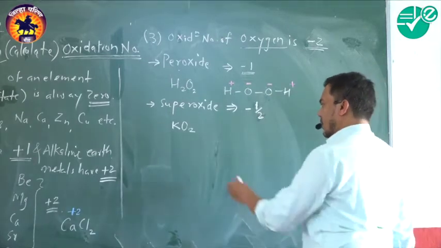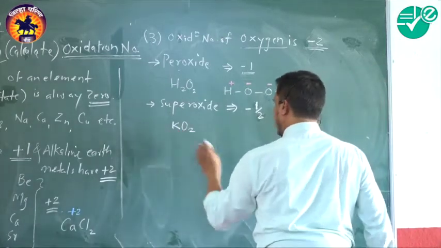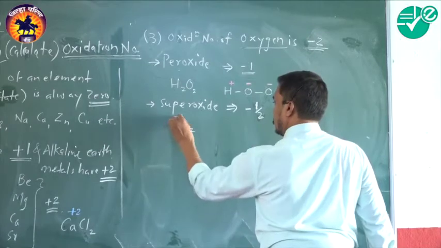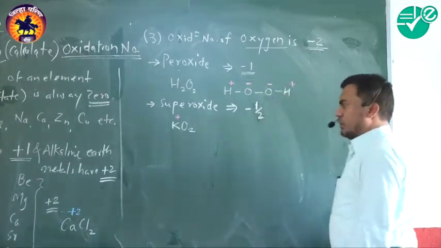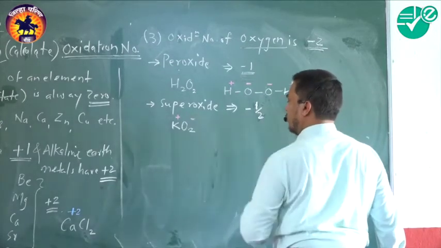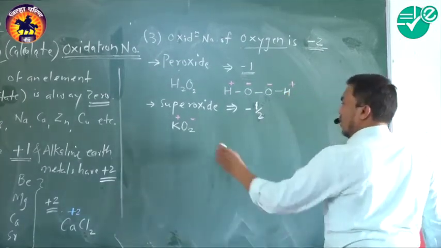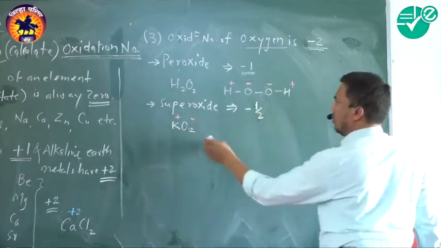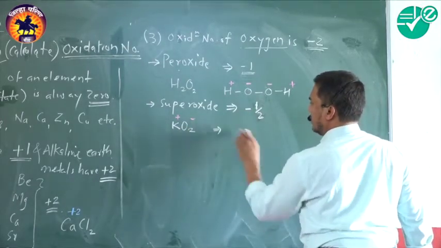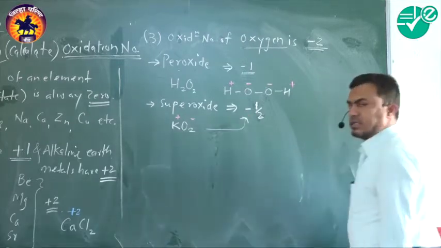In this case, the charge on potassium is +1, so the charge on O2 is -1. Therefore, per oxygen, the oxidation state becomes -1/2.